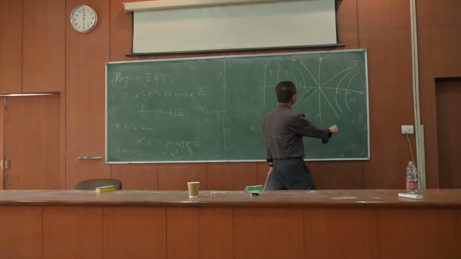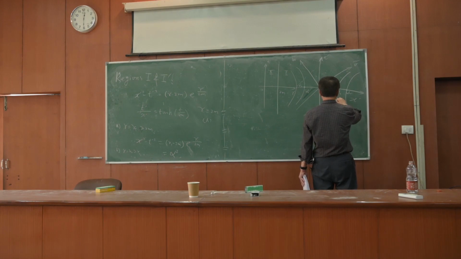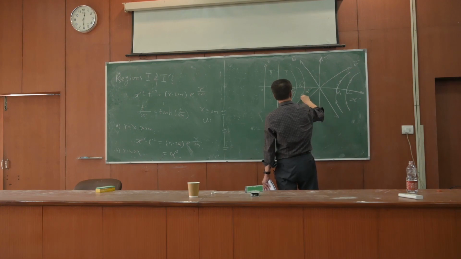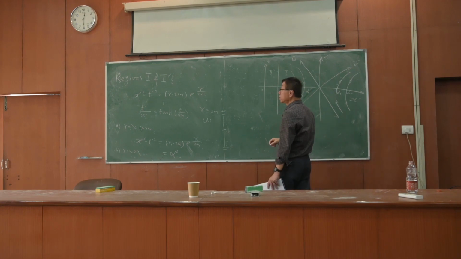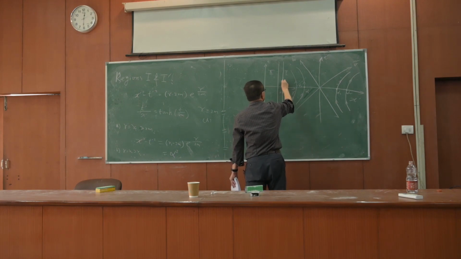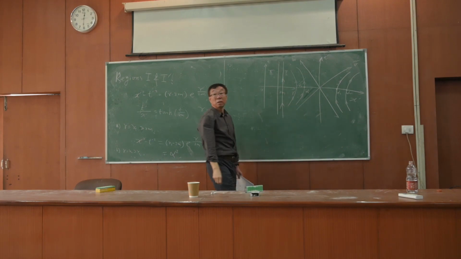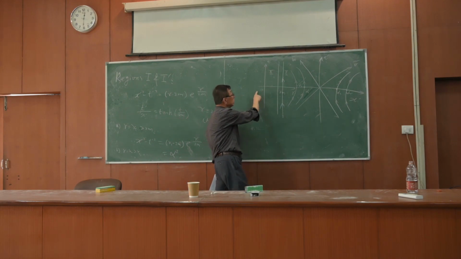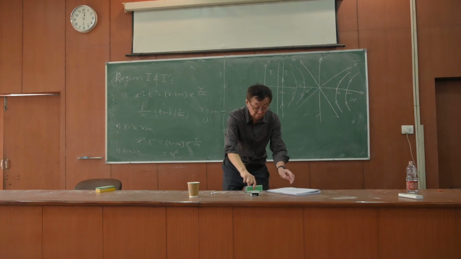Then if you want to see my time t attribute, this corresponds to a line in this plane, r equal r1, r2 in the t r plane. Let's draw this thing.